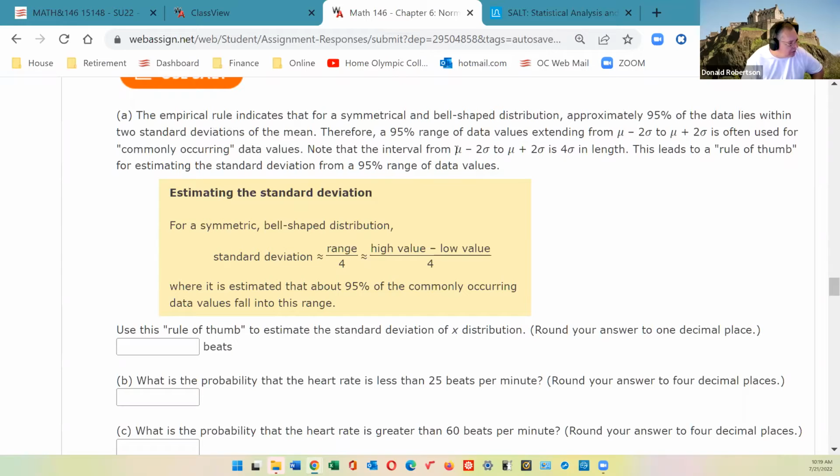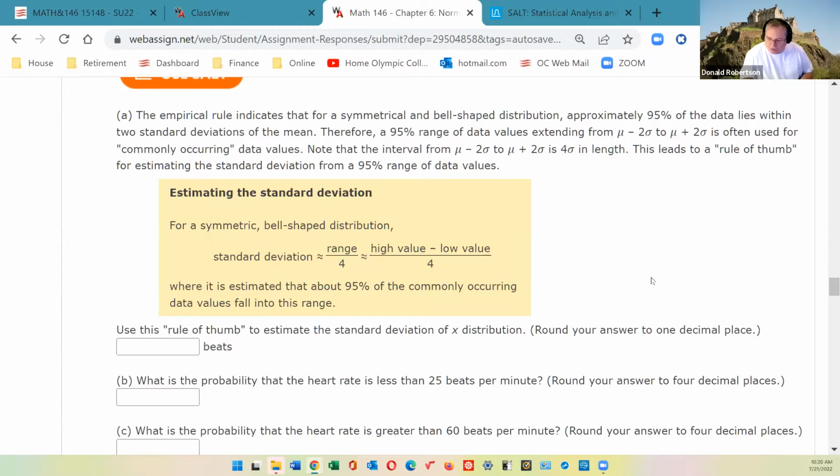So that means that the interval is the mean take away 2 standard deviations up to the mean plus 2 standard deviations. Do you agree that that distance, that length, is 4 sigmas? If you start and you go 2 left and you go 2 right, you end up with 4 sigmas.